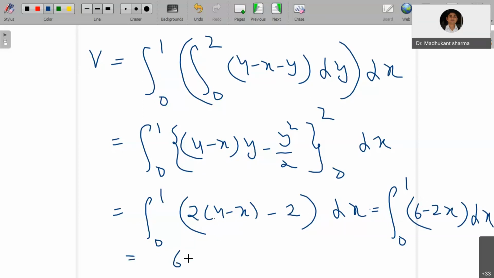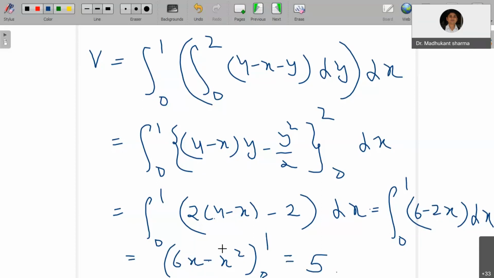This equals 6x minus x squared from 0 to 1, and upper limit minus lower limit gives you 5. You can verify that the previous results also give this value 5.